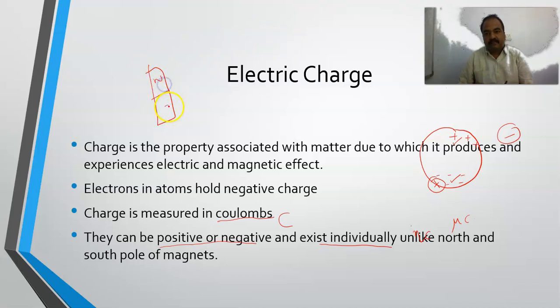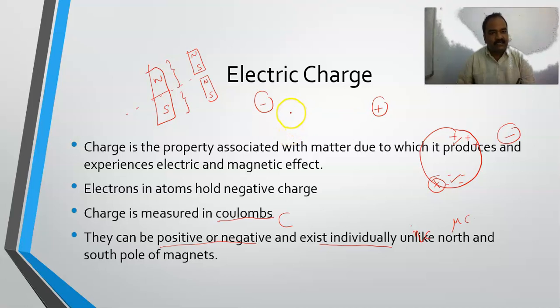If I cut this magnet, which has a north pole and a south pole, immediately this one is a separate magnet and this one is a separate magnet. Again you will have N and S here, and again n and s. This is how magnets work. Whereas charges can exist individually, a positive charge or a negative charge, with no relation between them. It is not like a magnet where north and south poles immediately exist.